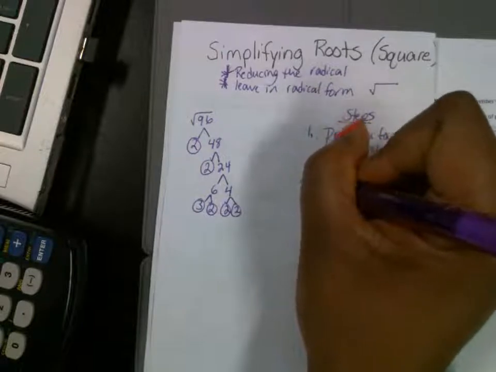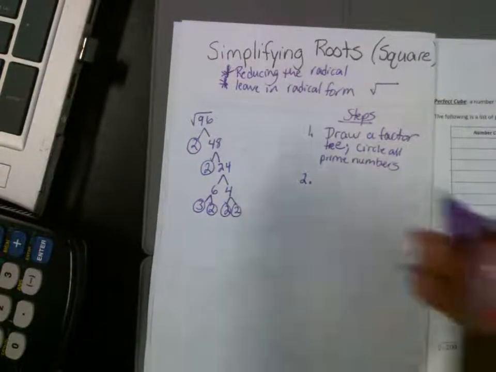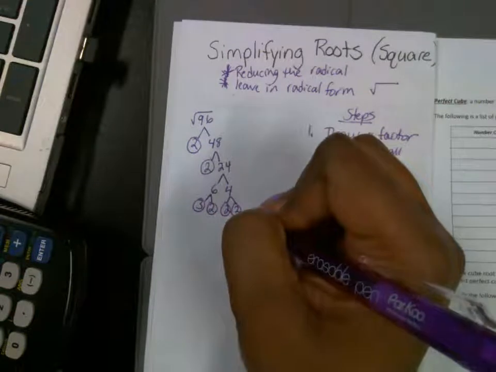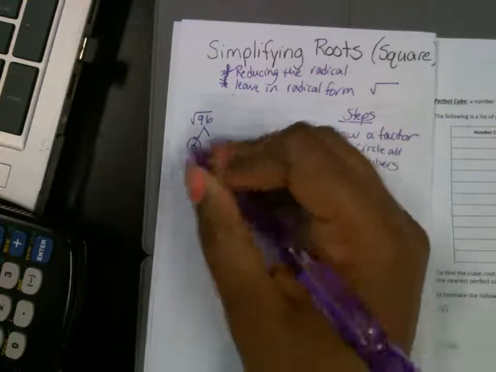So my second step, after I do that, I'm going to rewrite all of my circled numbers, or my prime numbers, under the radical sign.